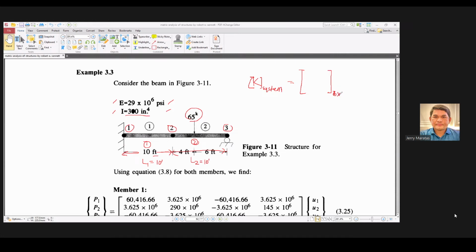So the size of the system stiffness matrix is 6 by 6. Of course, per element, it's always 4 by 4, since each element has 2 degrees of freedom per node, and there are 2 loads per element.